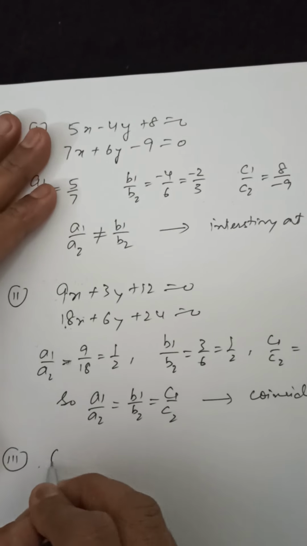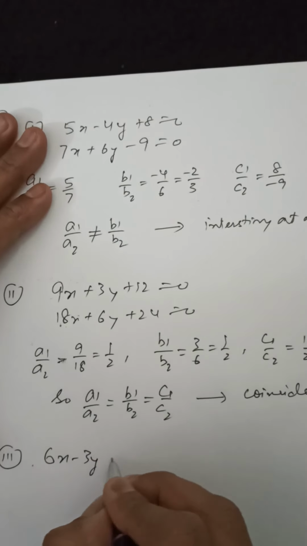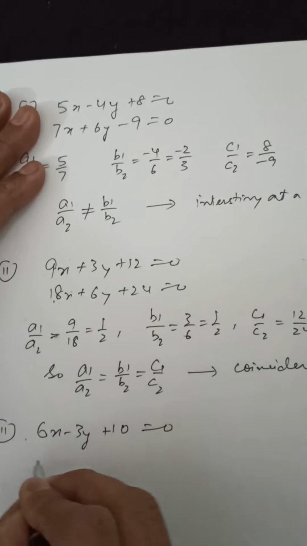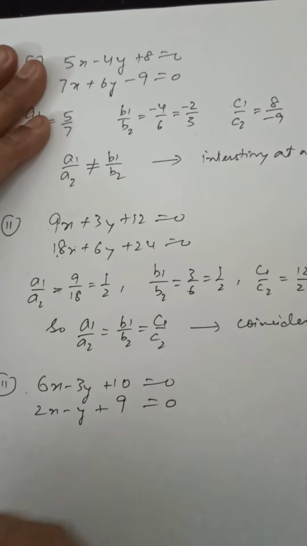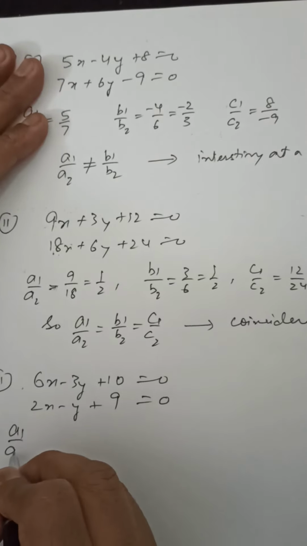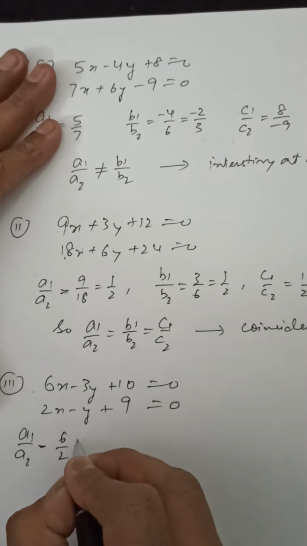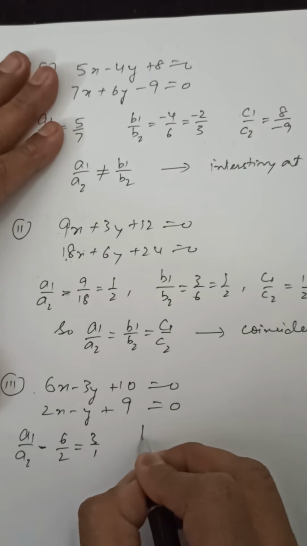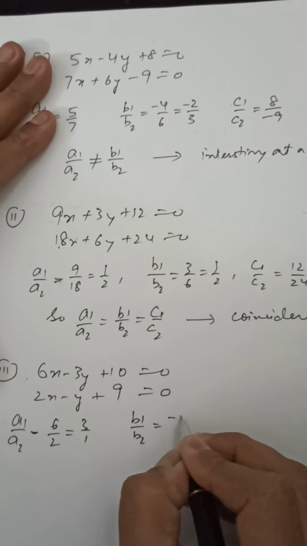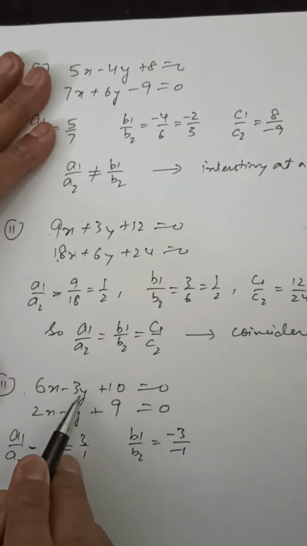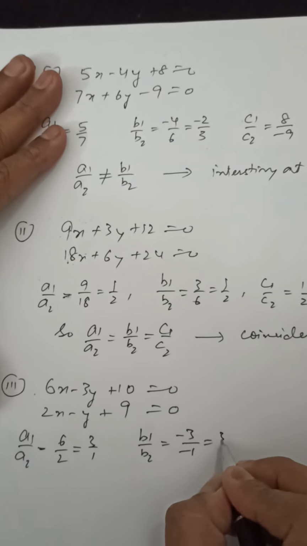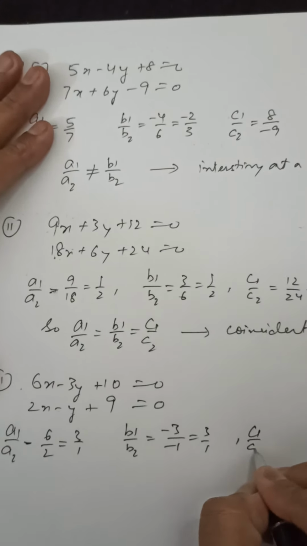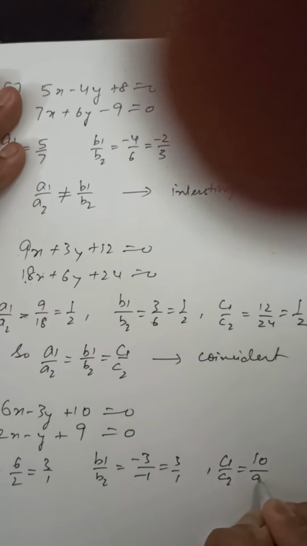Third part, 6x minus 3y plus 10 is equal to 0, and 2x minus y plus 9 is equal to 0. A1 upon A2 is 6 upon 2, which is 3 by 1. B1 upon B2 is minus 3 upon minus 1, because the y coefficient is minus 3 and here it is minus 1, which is also 3 upon 1, and C1 upon C2 is 10 upon 9.